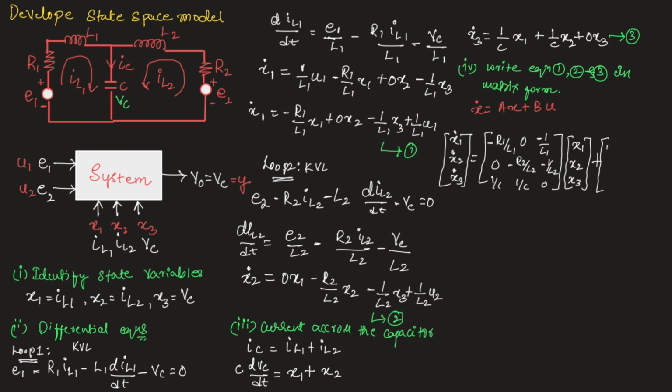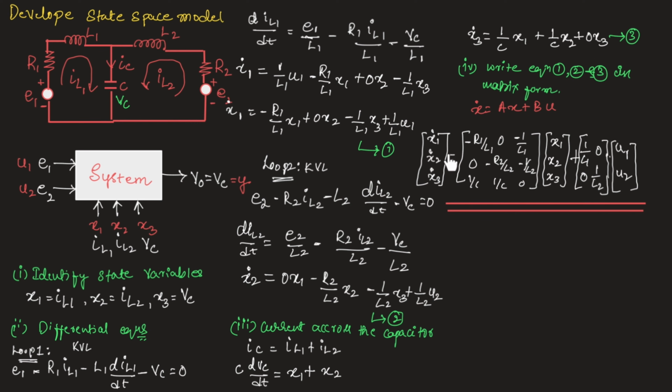And in the second equation we have u2 term and we don't have u1 term, that's why we'll write 0 and 1 by L2. So this is multiplied with u. This is the representation of state equation in matrix form.